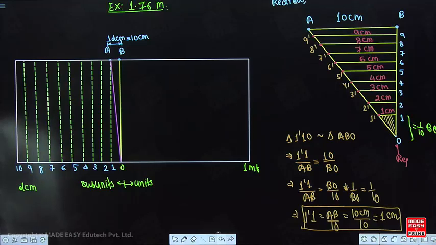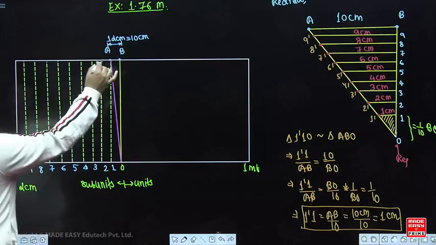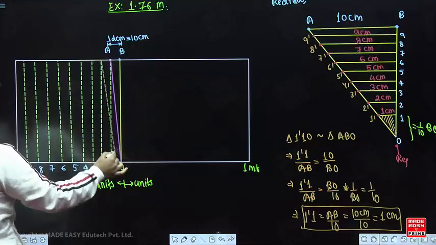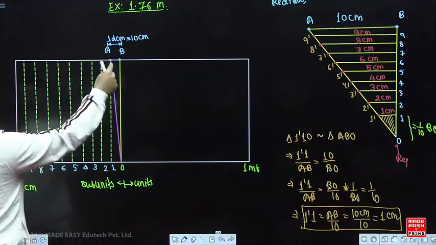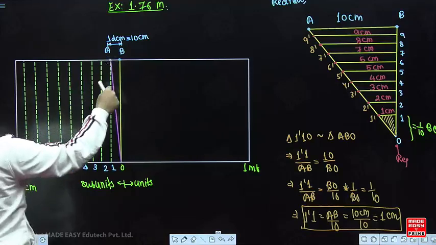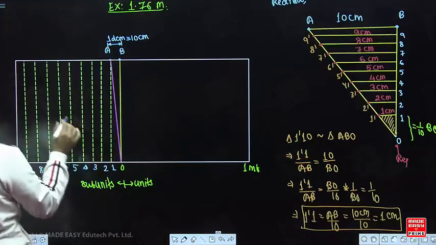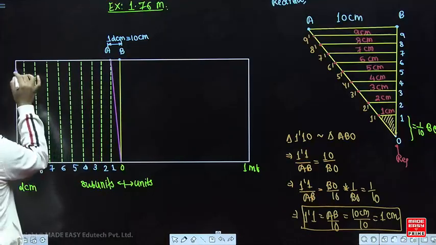So what you need to do is, now this is one triangle you have drawn. So similarly, if I draw parallel lines like this, so to make 1 decimeter into centimeters, I have to draw 10 equal divisions, right? So 10 equal divisions means what?